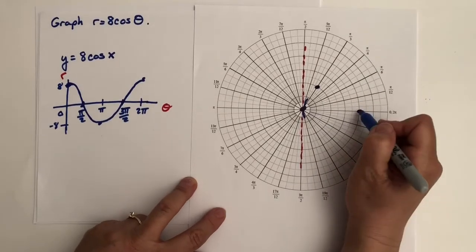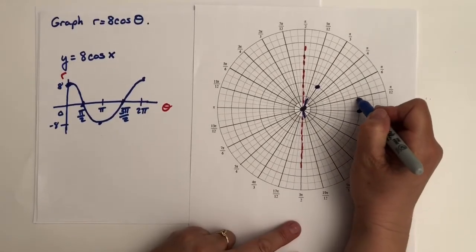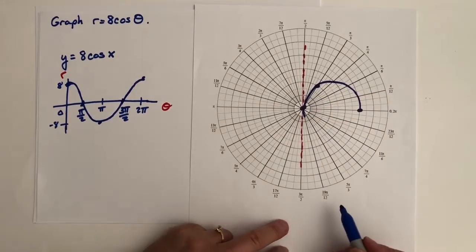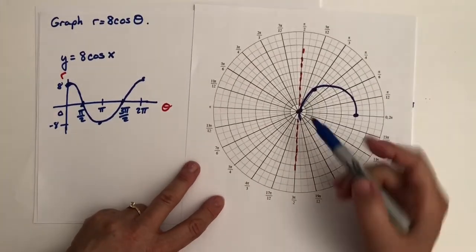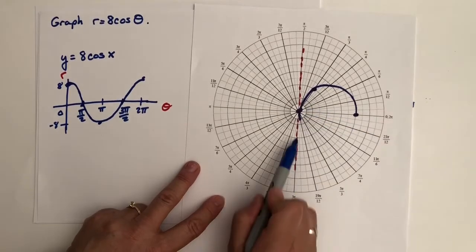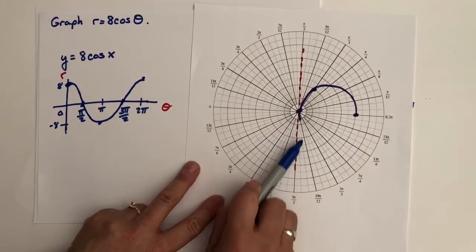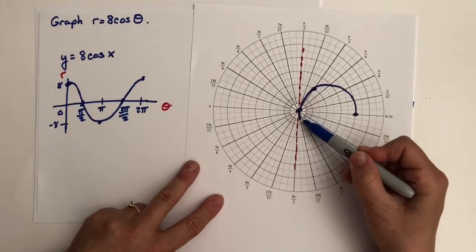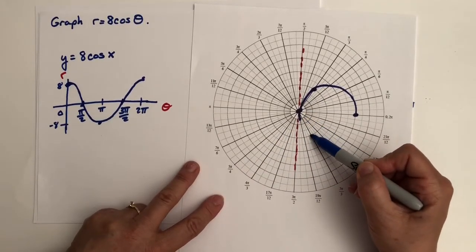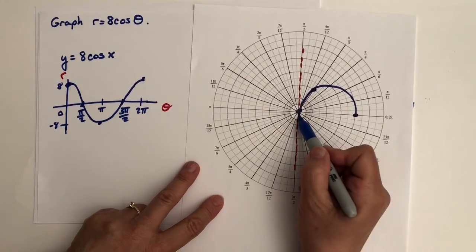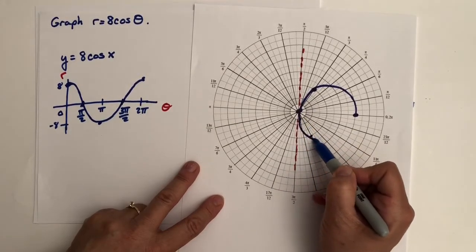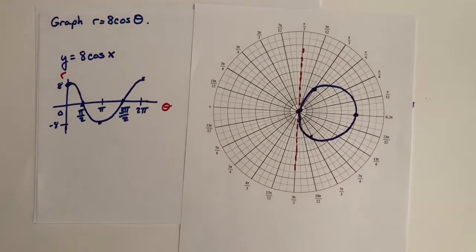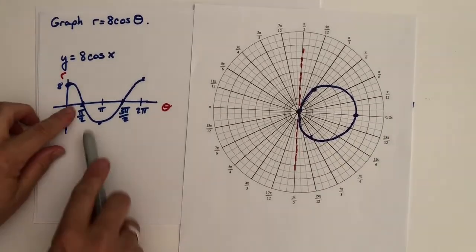So my curve could look like this. It's tangent right here along this line. And we might as well put in 5 pi over 3 as well. We know that right here it's going to be 4 also. And we would have a circle that looks like this.